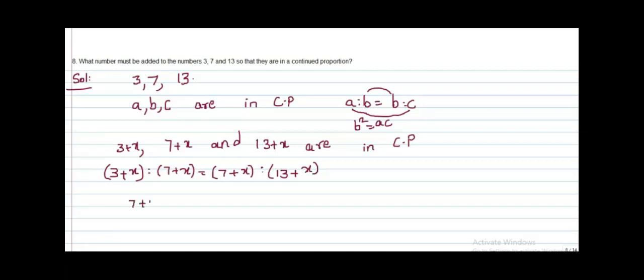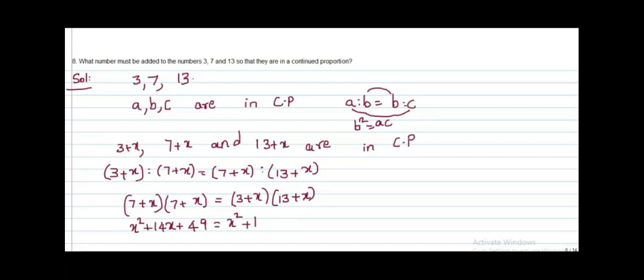Then 7 plus x into 7 plus x is equal to 3 plus x into 13 plus x, which means x square plus 14x plus 49 is equal to x square plus 3x plus 13x, which is 16x, plus 3 into 13, which is 39.